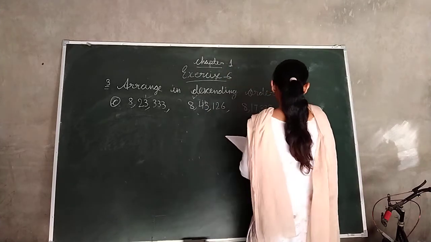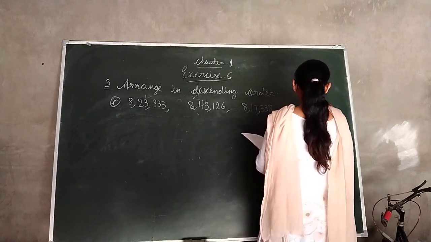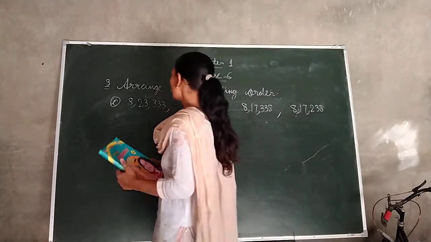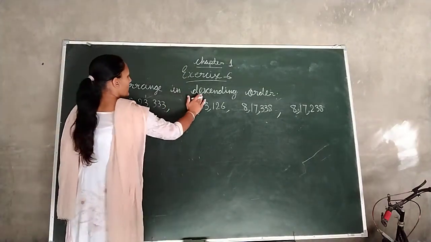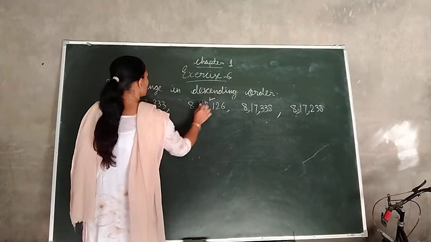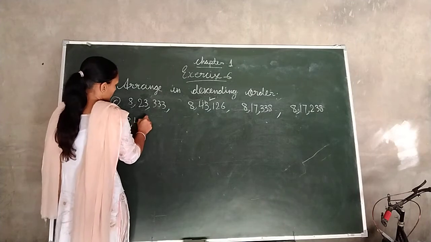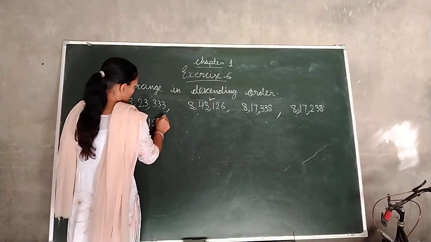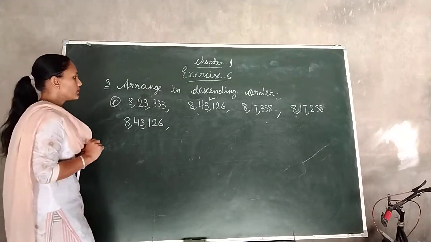Next, 8,17,238. Which is the greatest number? 8,43,126. So we will write it as the starting number.